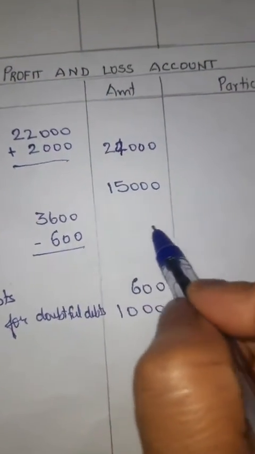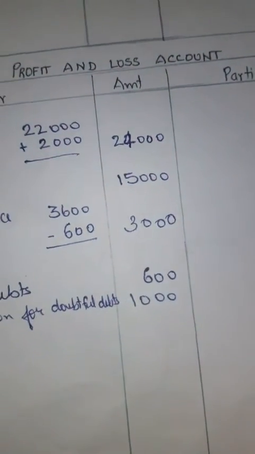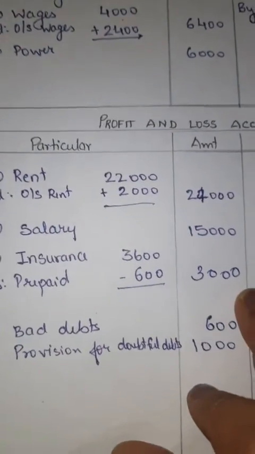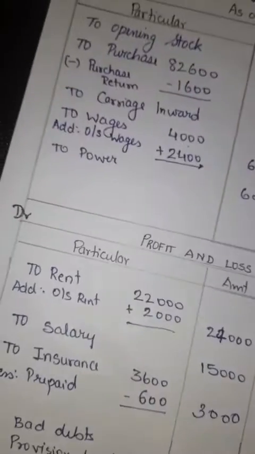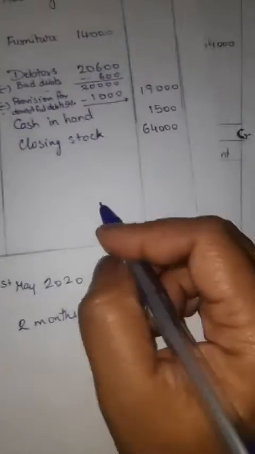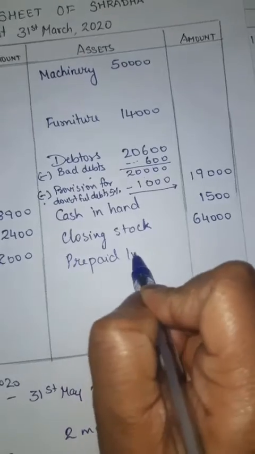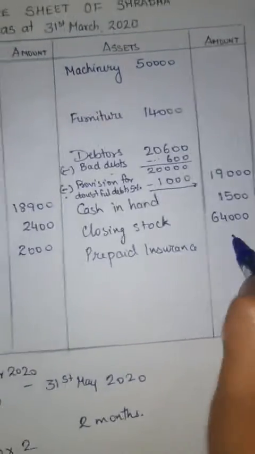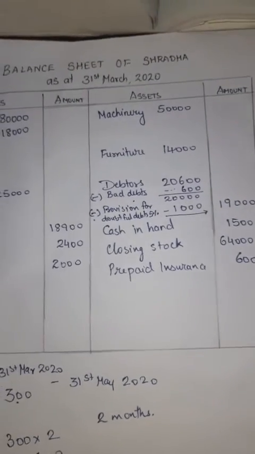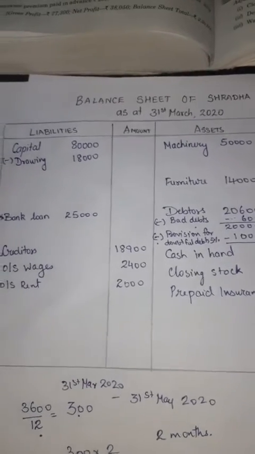Subtracting this, you will get the amount 3,000. So this is the amount which you are supposed to show in insurance. Now the next effect of prepaid insurance will go to the asset side. Prepaid or advance insurance amount is 600, to be shown in the asset side.